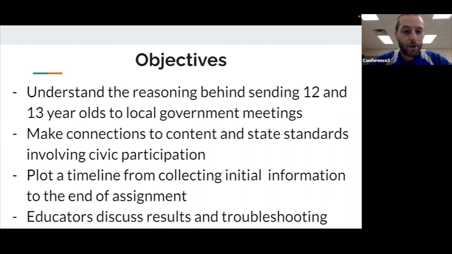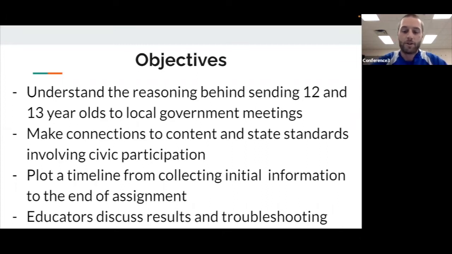As we go, I'll talk about how I came to the reasons for sending 12 and 13-year-olds out in public to go to local government meetings, making connections to some state standards, especially the ones involving civic participation.